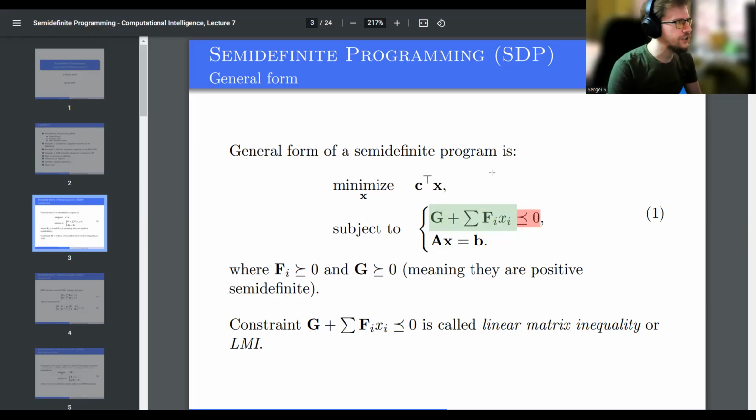The whole expression has to be negative semi-definite. Whereas, for example, this reads as matrix F has to be positive semi-definite, and matrix G has to be positive semi-definite. So this is how you can work with it.